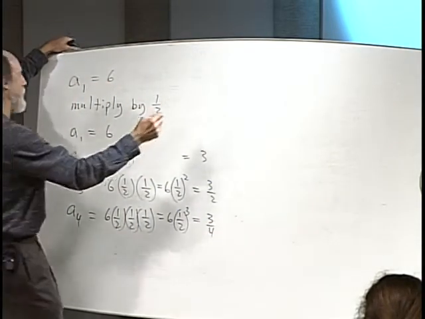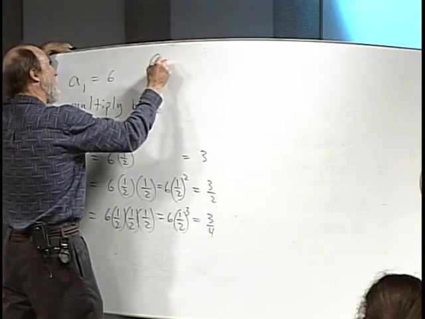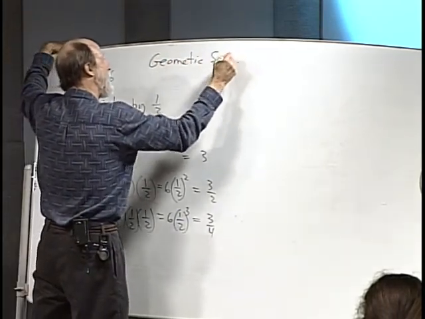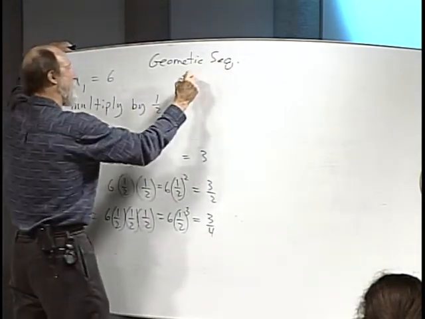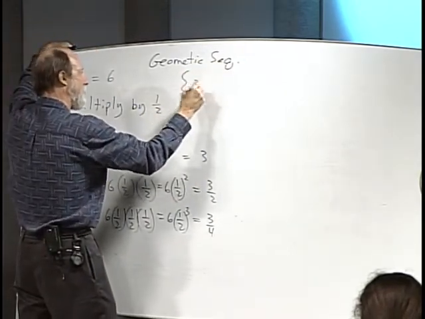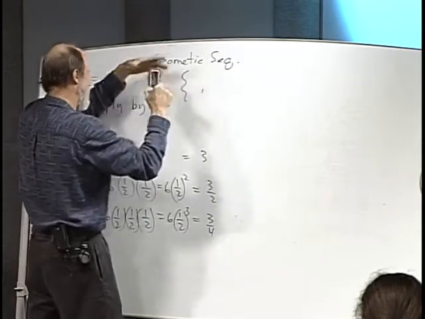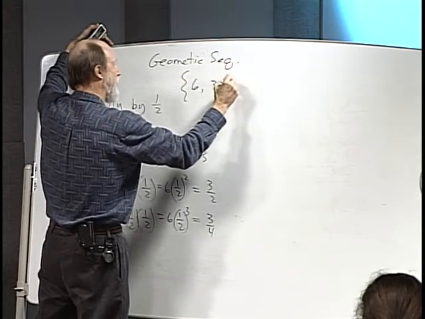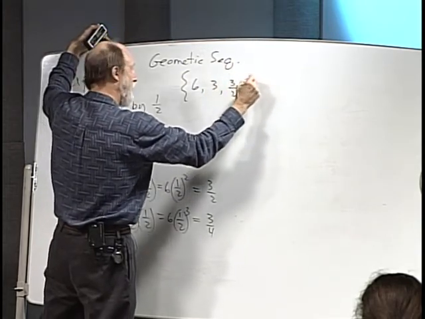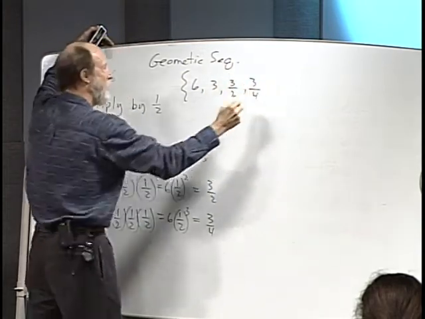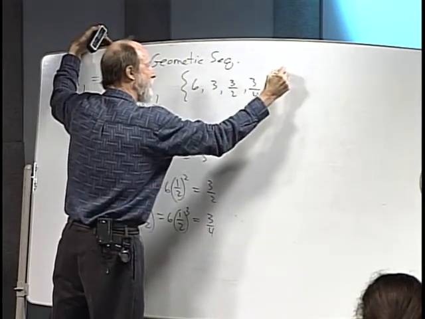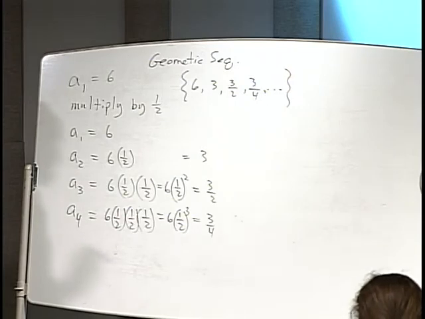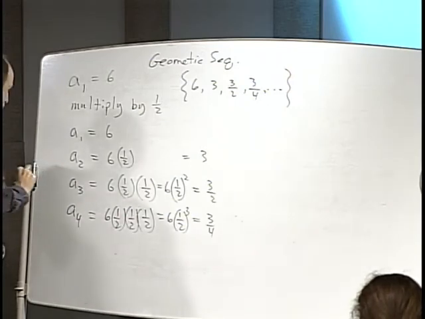So our sequence, this geometric sequence, is going to be made up of a set starting with 6, our first term, and then a 3, and then a 3 halves, and then a 3/4, and keeps on going in that fashion. Feel good? Let's generalize it.